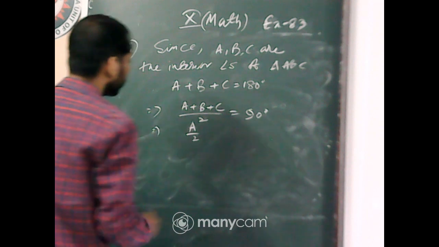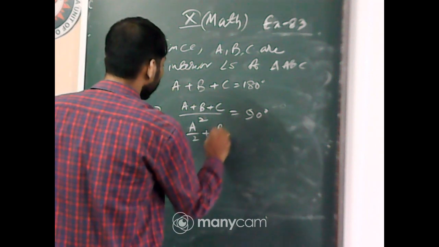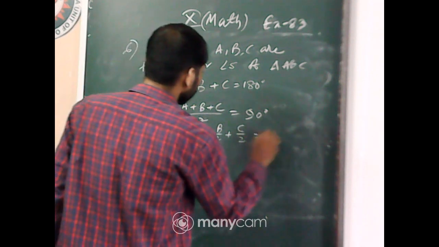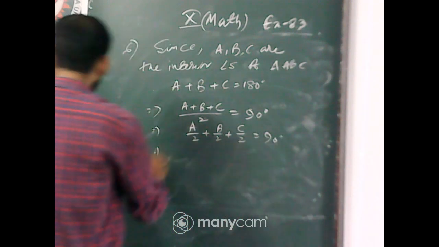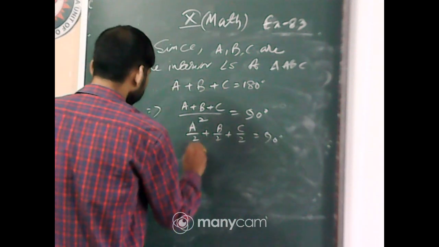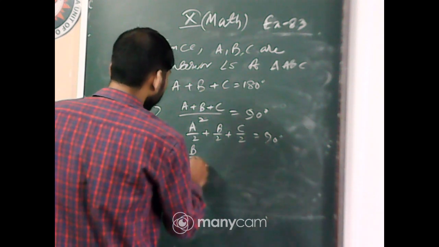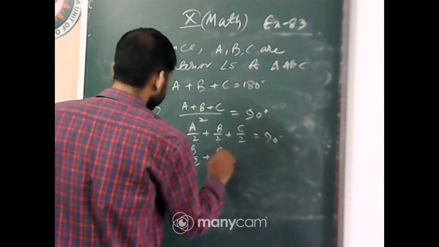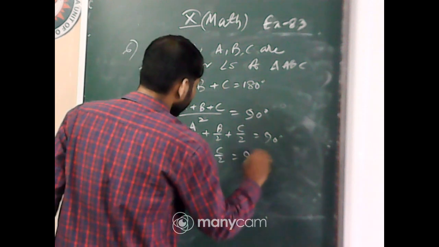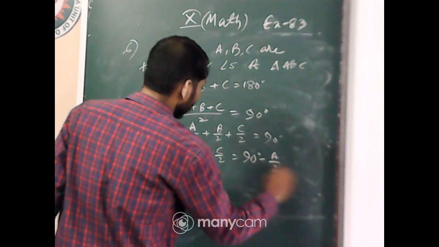So distribute in three parts, it will be A by 2 plus B by 2 plus C by 2 equals 90 degree. Okay, now B by 2 plus C by 2 equals 90 degree minus A by 2.